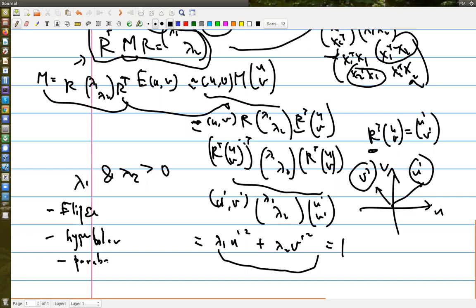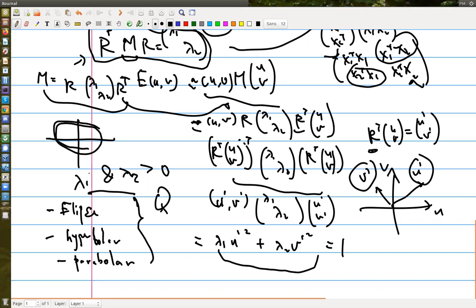I'm sorry. So, if I have lambda 1 and lambda 2 bigger than 0, yes, it's just an ellipse. If you know an ellipse is something like that, right? So what we have is just an ellipse shape here.